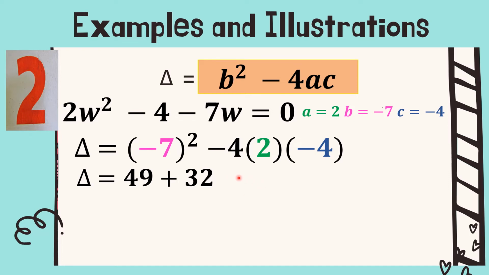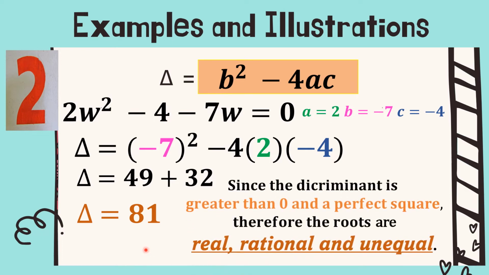Negative 4 times 2 is negative 8. Negative 8 times negative 4 will become positive 32. Then, 49 plus 32 is equal to 81. Since 81 is a perfect square and greater than 0, therefore the roots are real, rational, and unequal.